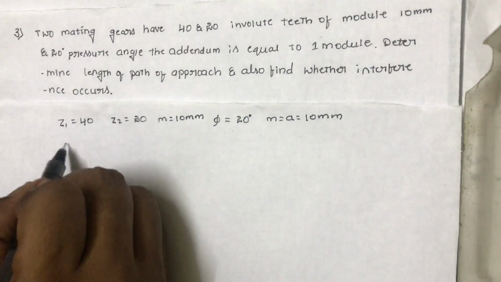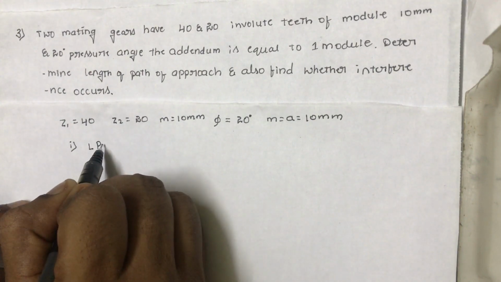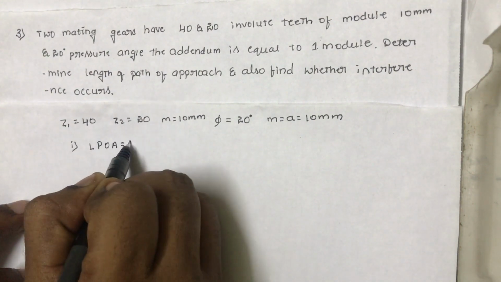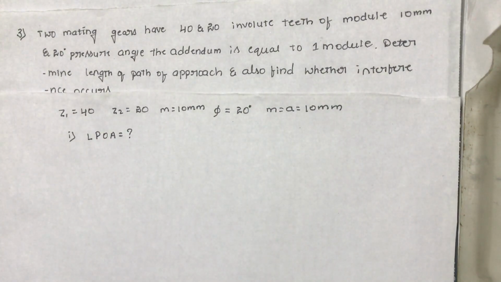So first one, in short we'll call it as LPOA is equal to question mark, length of path of approach. Okay, you already heard about length of path of contact, that is the sum of length of path of approach plus length of path of recess, correct?